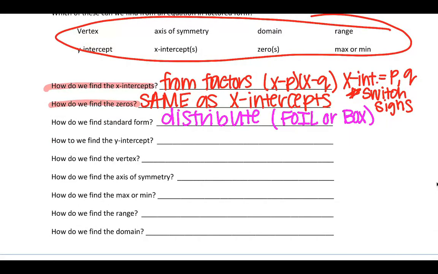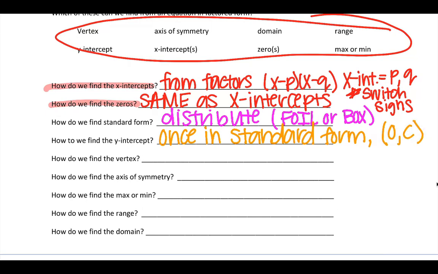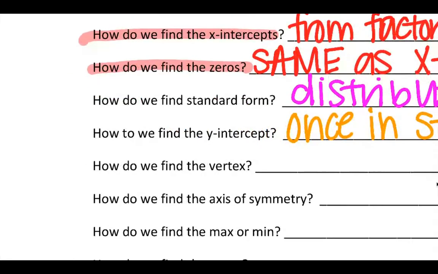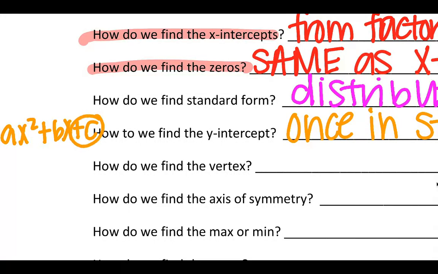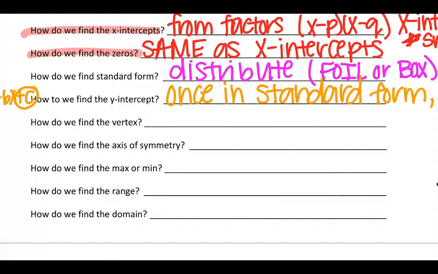So y-intercept, once you have this in standard form, you just look at whatever your c value is, and it's 0 comma whatever c is. So remember how we did that? ax squared plus bx plus c. You're just looking at that c value. Vertex.